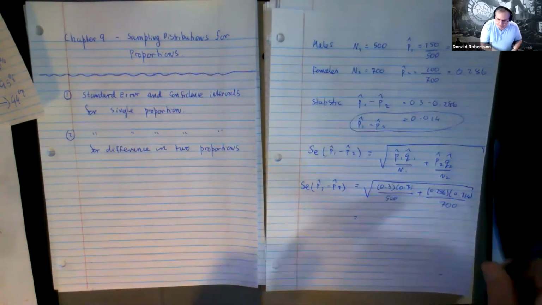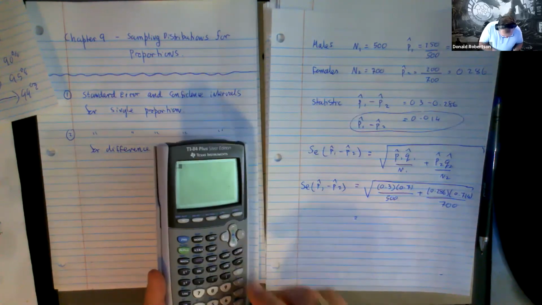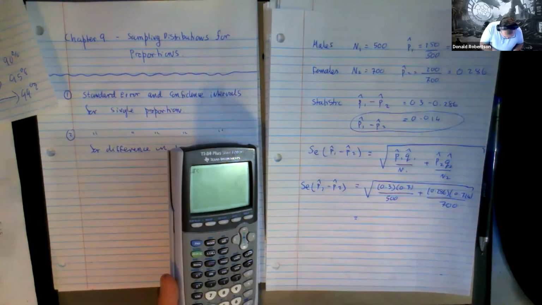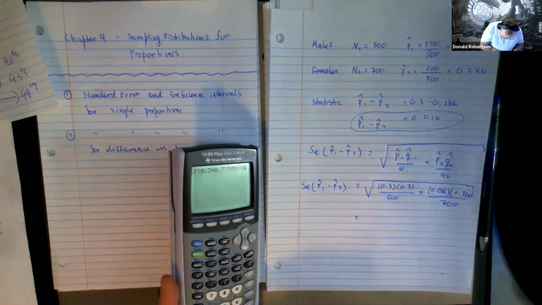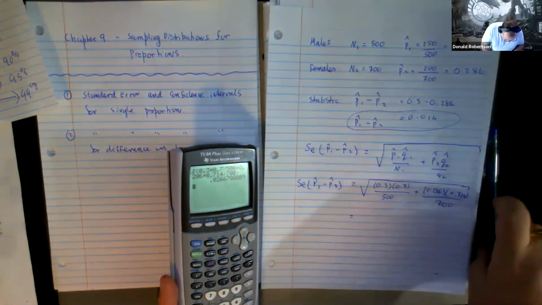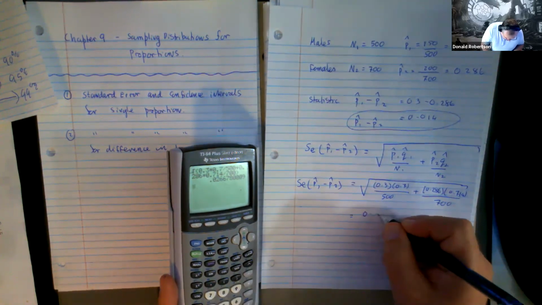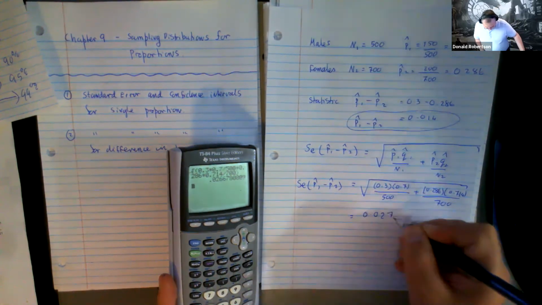I'm going to go for glory here. Square root, 0.3 times 0.7 divided by 500, add 0.286 times 0.714 divided by 700. And the answer that we got is 0.027, because I'm working in 3 decimal places.